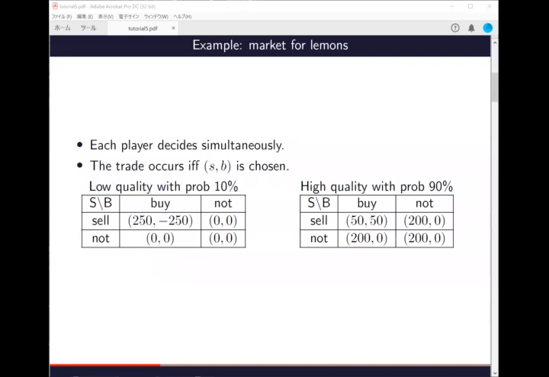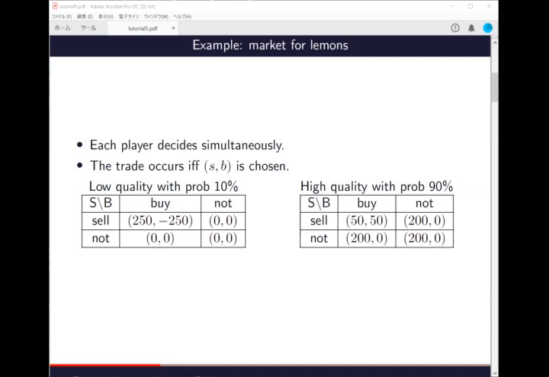This game is summarized in the two tables shown on the slide. Here, the seller knows exactly which game he is playing, while the buyer only knows that there is a 10% chance of playing the game on the left table and a 90% chance of playing the game on the right table.